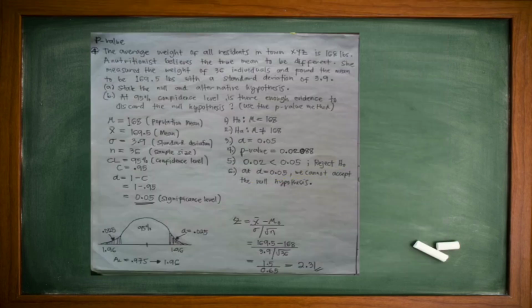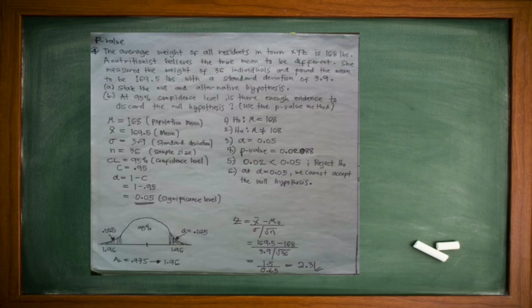Okay, proceed po tayo sa ating final and last example. The average weight of all residents in town XYZ is 168 pounds. A nutritionist believes the true mean to be different.